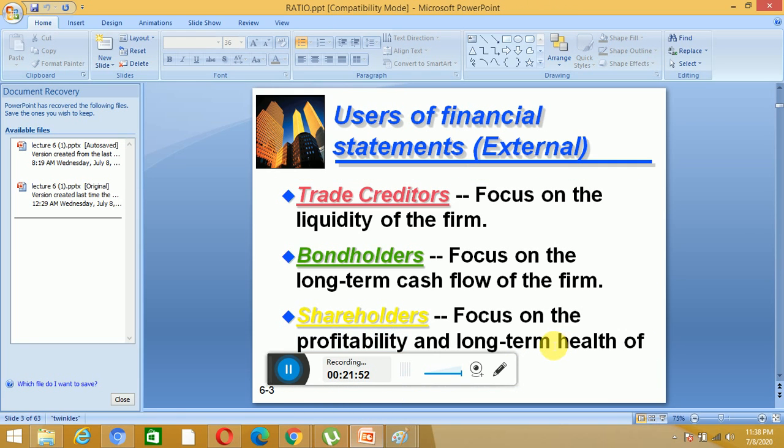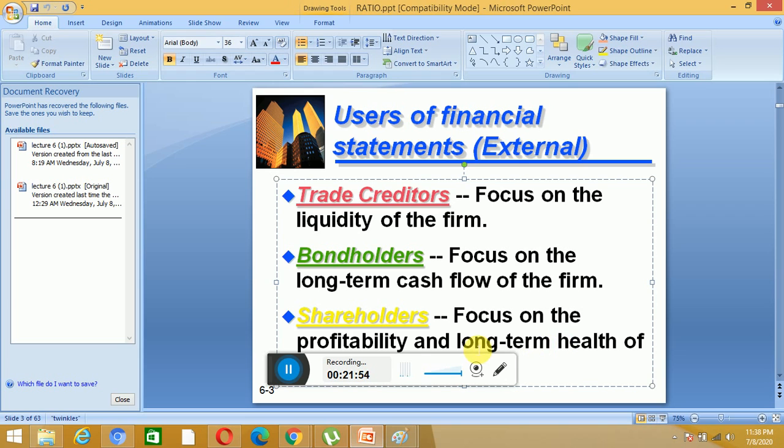And I will also look at the long term health of the firm. Health doesn't mean physical health, we will check their balance sheet. If their financial position is good, then we will invest in that company. But if their financial position is not good, we will not invest in that company.